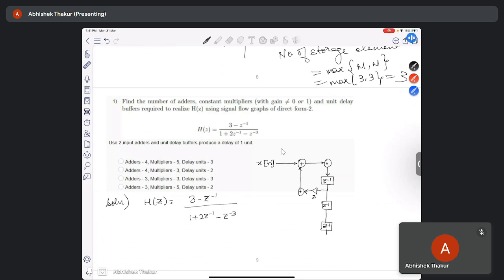Now again on this side the multiplier is 1. So we have realized the pole part. Now the z inverse has the multiplier as minus 1, and this is our y of n.